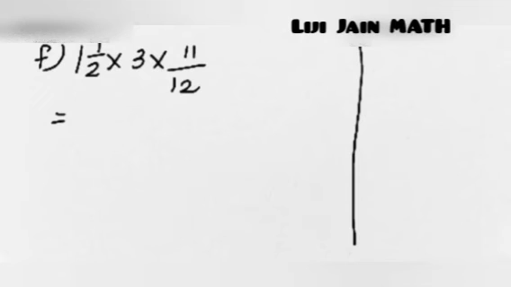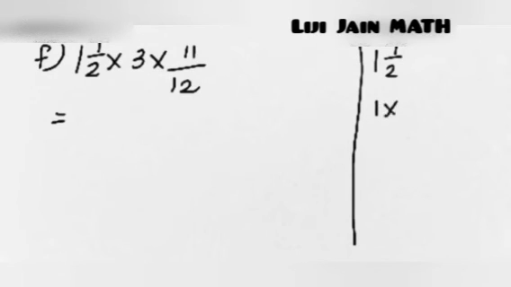Yes, first the mixed number has to be converted to an improper fraction. Which is the mixed number in the question? Yes, 1 1 by 2 is the mixed number. So this can be written as whole number into denominator plus numerator, whole divided by denominator. Which is the whole number part here? 1, isn't it?